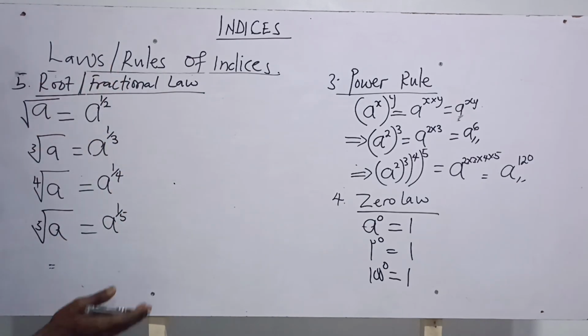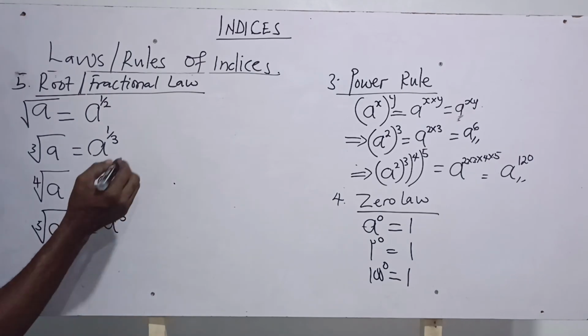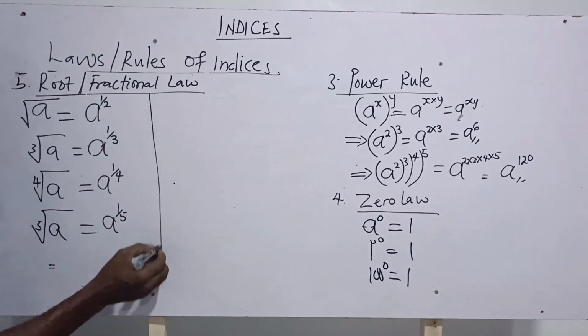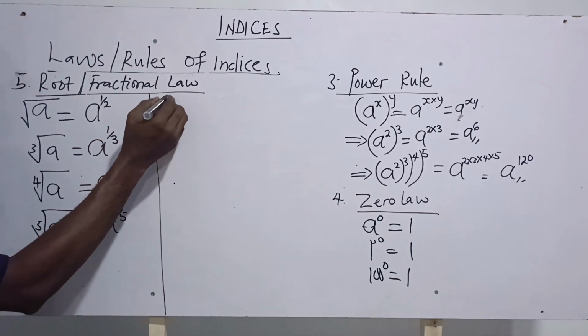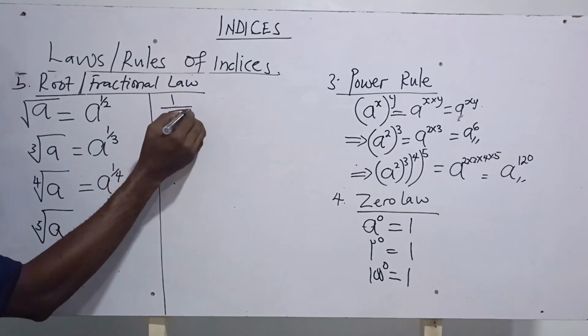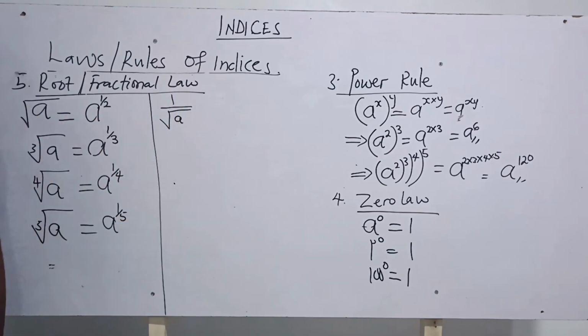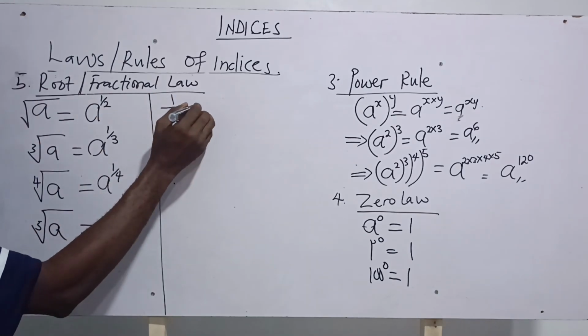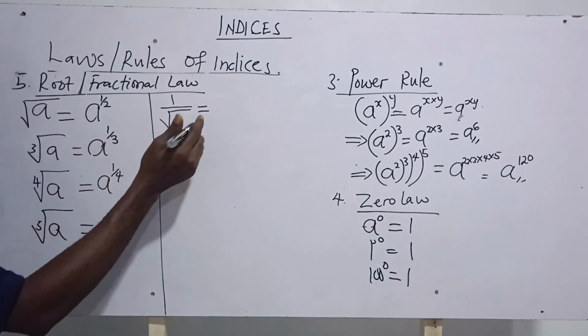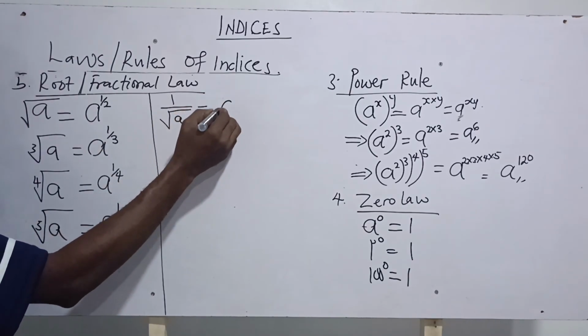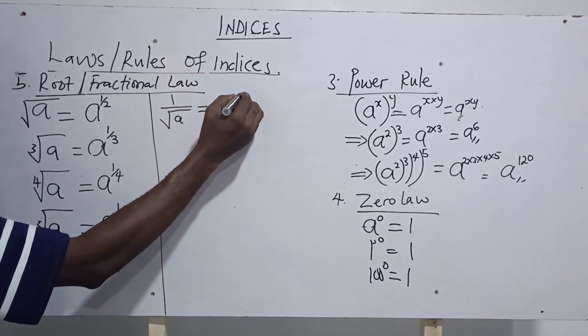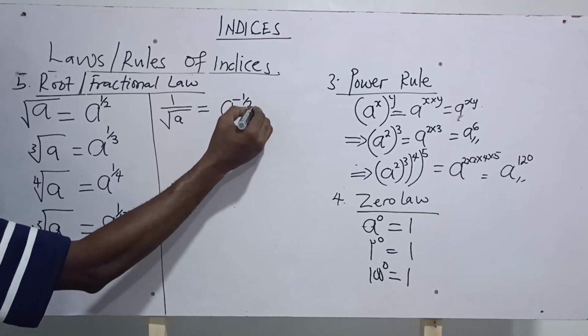By application, we can also have something like 1 all over root of a. You can express this as a raised to power minus 1 all over 2.